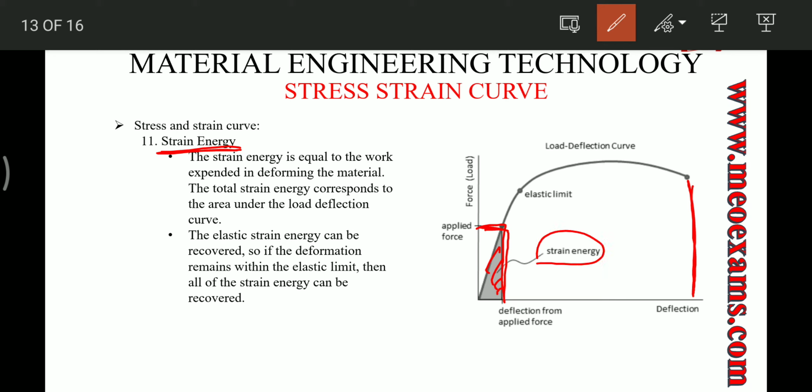This energy can be recovered if the forces are removed, meaning the elastic strain energy can be recovered if the deformation remains within the elastic limit. So within the elastic limit, if we apply load and then remove the load, this elastic energy can be recovered from the material.